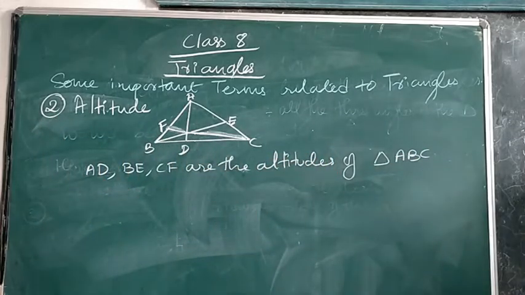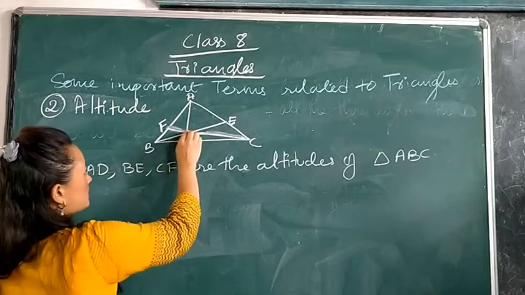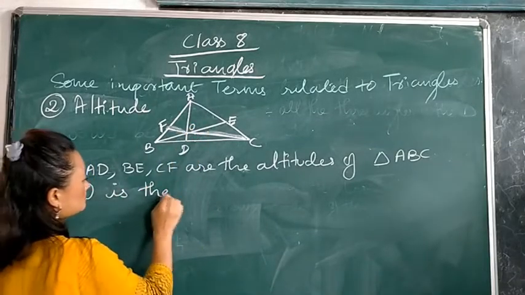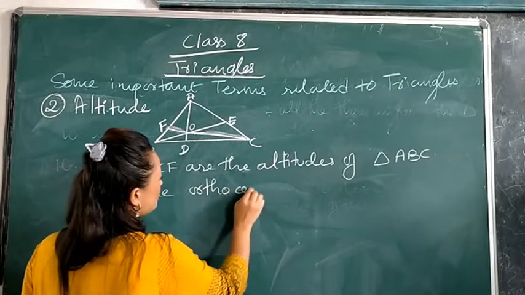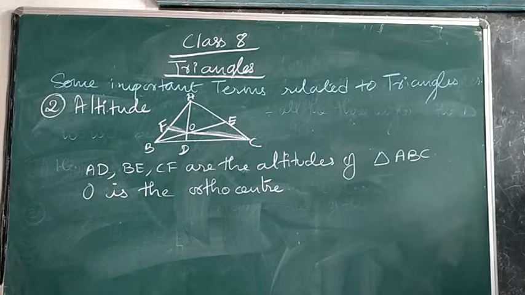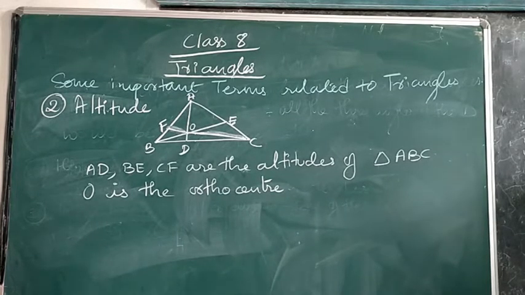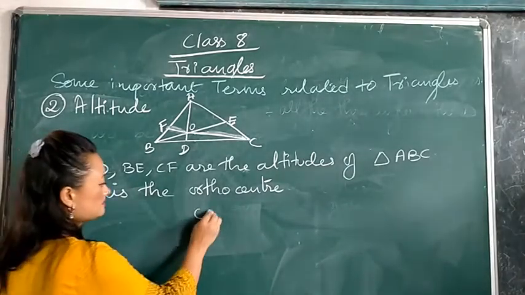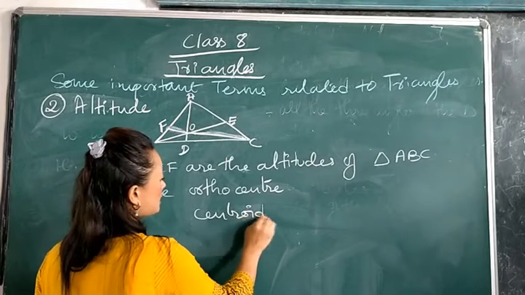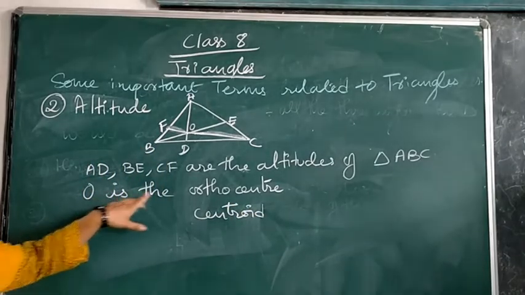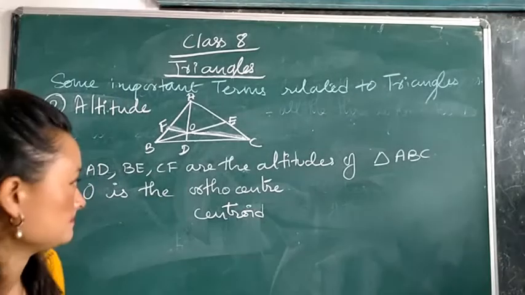They are the altitudes of triangle ABC, and the point where they meet, let's name it O. O is called the orthocenter. The point where the altitudes intersect each other is called the orthocenter. The point where the medians intersect is called the centroid, and the point where the altitudes intersect each other is called the orthocenter.